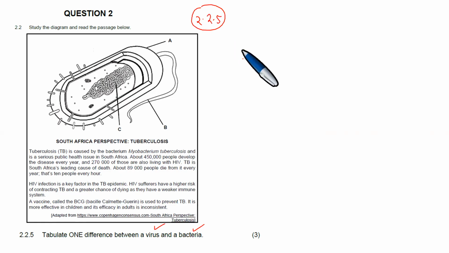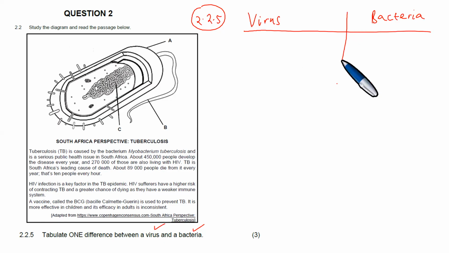First and foremost, we can see that there's something we call a virus and bacteria. But we ask ourselves, what is the difference between these? The virus is non-living. Viruses are non-living and very difficult to defeat.